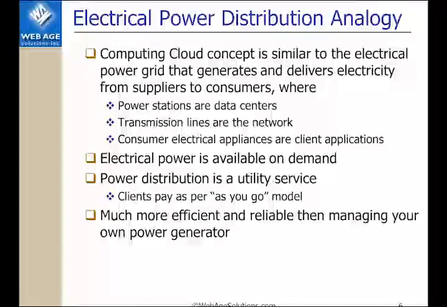Transmission lines which deliver power to your houses, to your offices, can be compared to the TCP/IP network. This is a familiar concept to us. And all those electrical appliances that you have at home or at factory, in the offices, are client applications. Whether it's your TV set or your fridge or your toaster, those electrical appliances represent the actual solutions, software deployed in the cloud. When you use those appliances, you consume electricity, and that's where that similarity with the utility service comes into play.